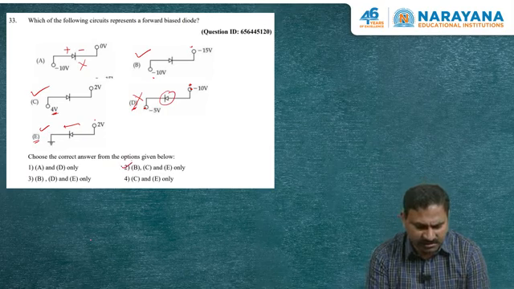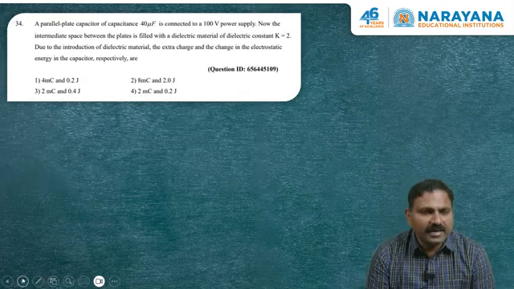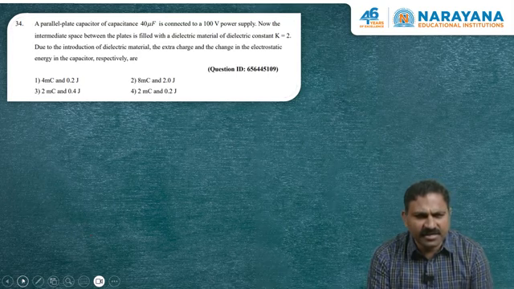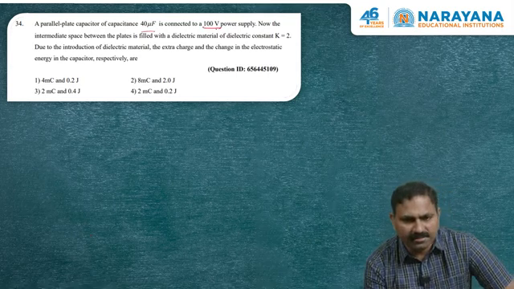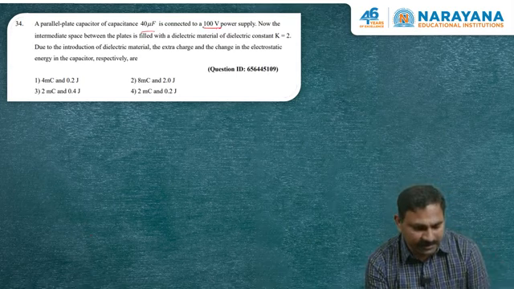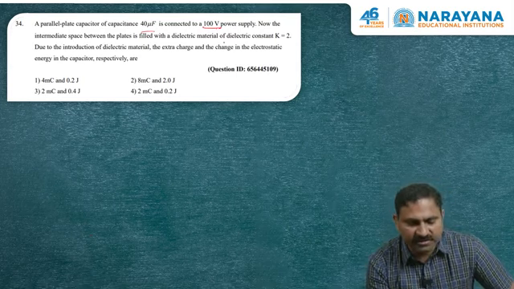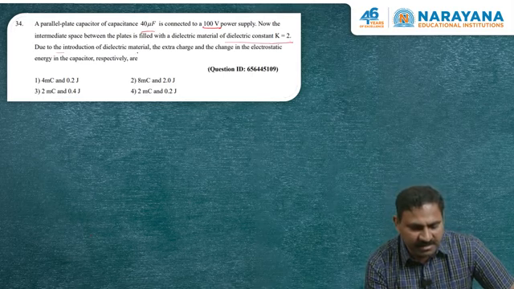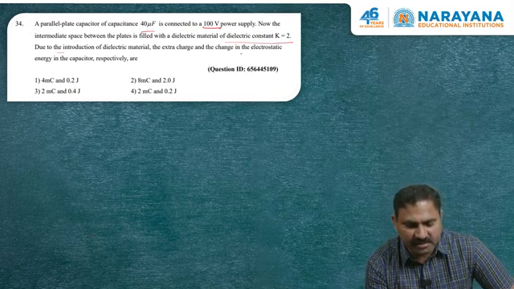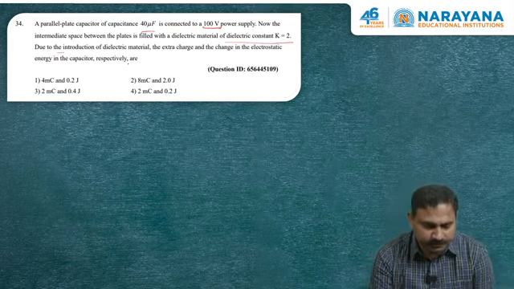Let us go to the next question. A parallel plate capacitor of capacitance 40 microfarad is connected with a 100 volt power supply. Now the intermediate space between the plates is filled with dielectric of constant K equal to 2. Due to the introduction of dielectric material, find the extra charge and change in electrostatic energy in the capacitor respectively.